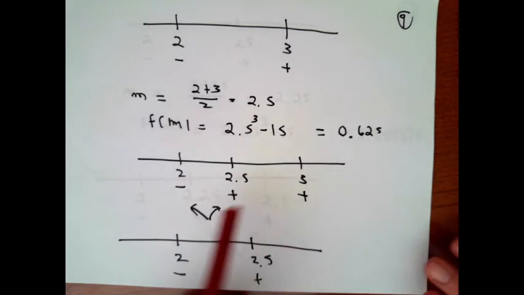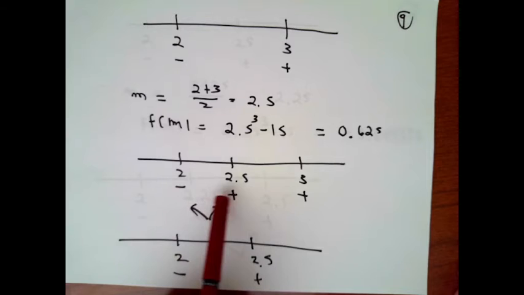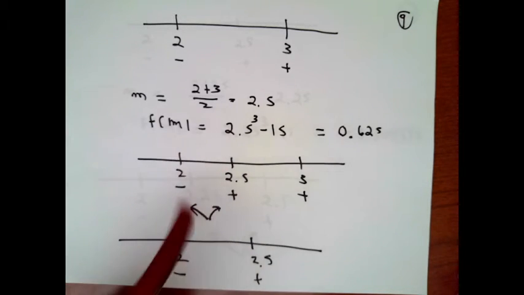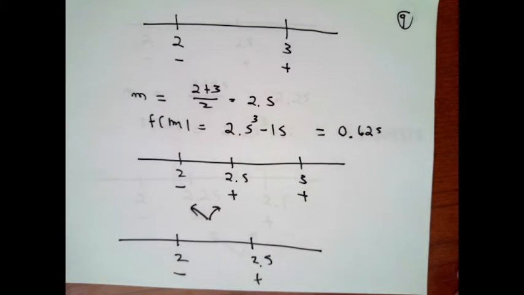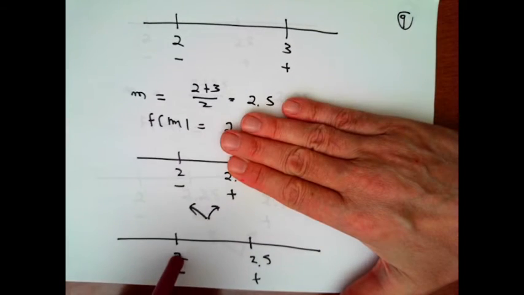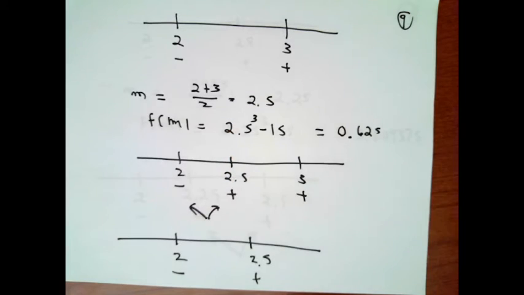This time, negative here, positive here, tells me that there's a root between x equals 2 and x equals 2.5. The intermediate value theorem says nothing about what goes on between 2.5 and 3. So we throw this part away and keep 2 and 2.5.